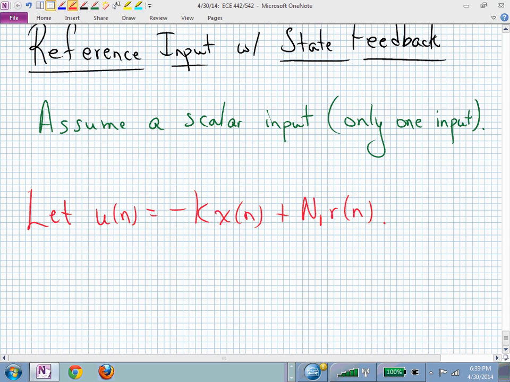It's a scalar. R, our reference, we just have one scalar reference. It's 1 by 1. We need this. And what is k? Let's say our system is fourth order. What's the dimension of capital K?